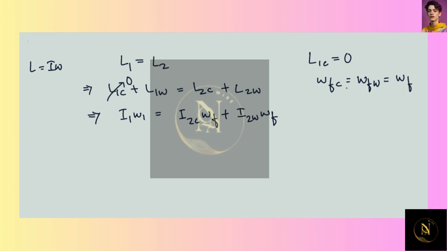And this is because they have the same final angular velocity. So from here we can write the expression for the final angular velocity. So this will be equal to I1 times omega 1 over I2C plus I2W.